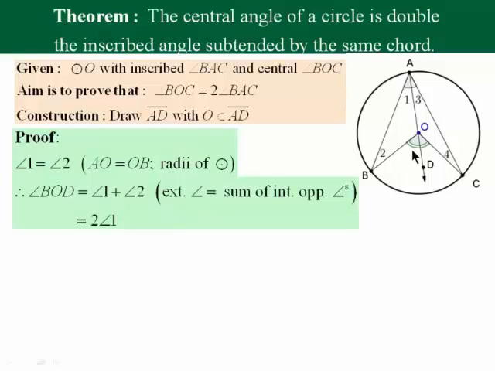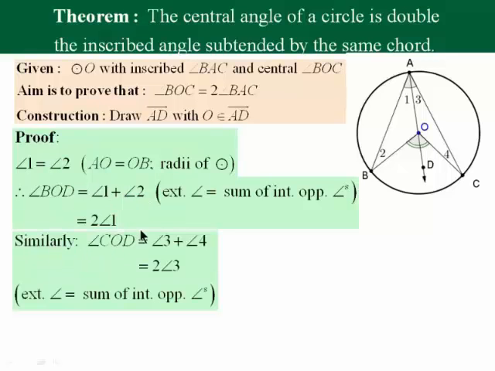The exterior angle of a triangle is equal to the sum of the two opposite interior angles. But because 1 is equal to 2, we can say that angle 1 plus angle 2 is twice angle 1, because I can replace angle 2 by angle 1.